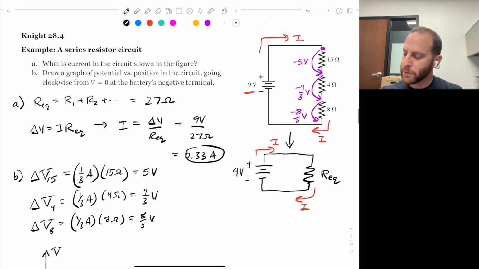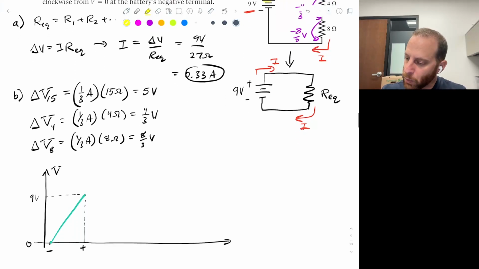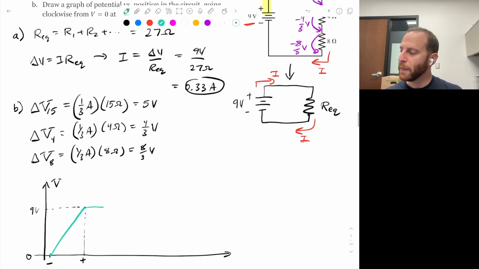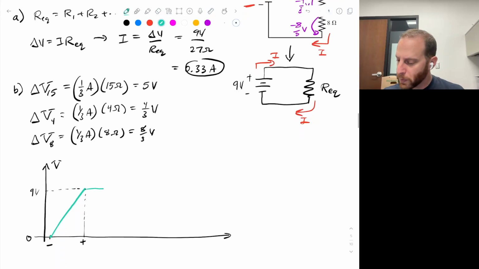Between the positive terminal and the 15 ohm resistor, that's just a pure conducting wire in which ideally there's no change in potential, so this graph should look constant for a little bit. And then once you get to the 15 ohm resistor, the potential should drop by 5 volts. So I expect this to come down by about 5 volts.